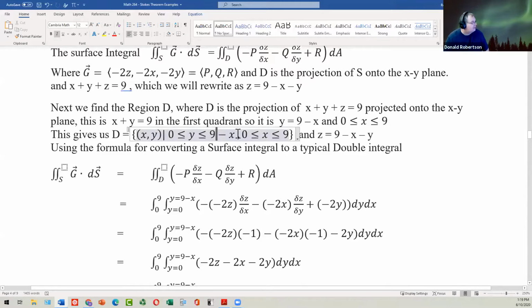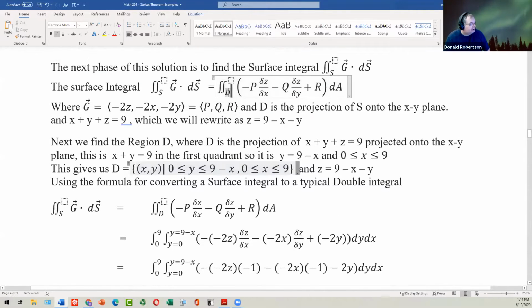So we have all the pieces that we need. We know what the projection of S is onto the floor. And we've got all the P, Qs and Rs that we could possibly want. And z is the equation of the plane, but it's been rewritten in the format z equals rather than the original format.